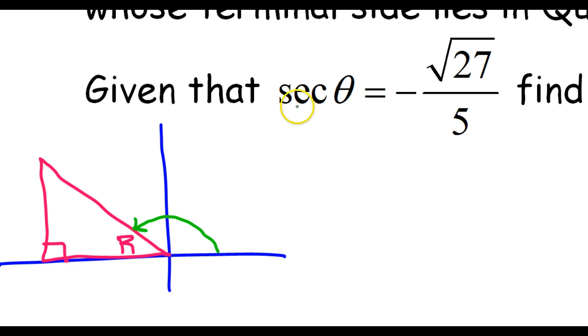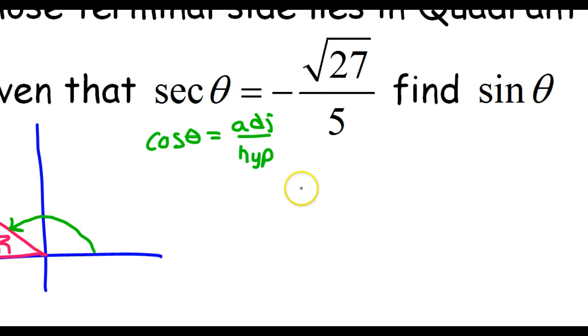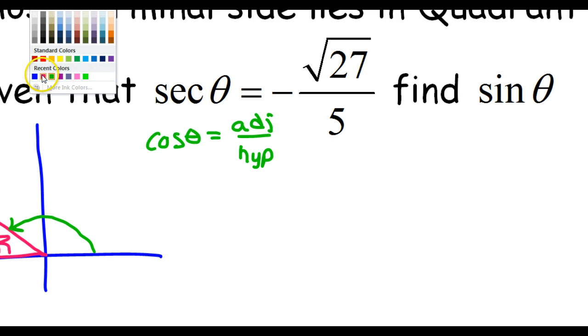Now, secant is the reciprocal of the cosine function. Okay, so we know that cosine of theta is adjacent over hypotenuse, right? So that means that the secant function is going to be the reciprocal of that.